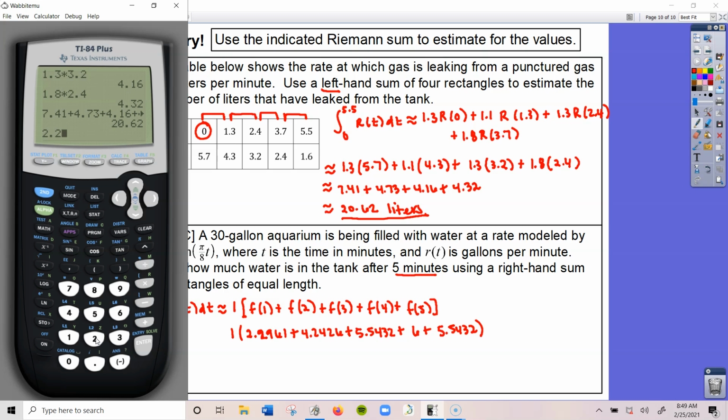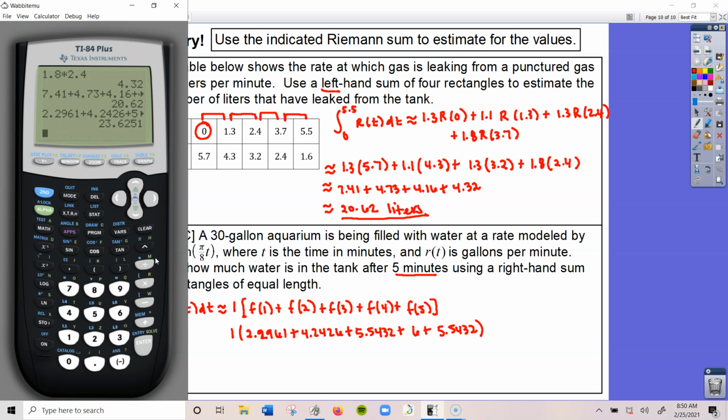So 2.2961 plus 4.2426 plus 5.5432 plus 6 plus 5.5432.